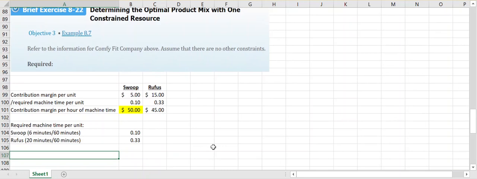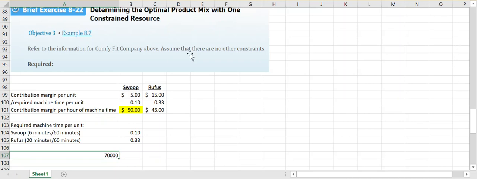Our constrained resource was our machine hours. We lease 7 machines that each get 1,000 hours of machine time, or 7,000 in total. So we have 7,000 machine hours available, and each one of our Swoop sweatshirts takes 0.10 of an hour to go through that stitching machine.